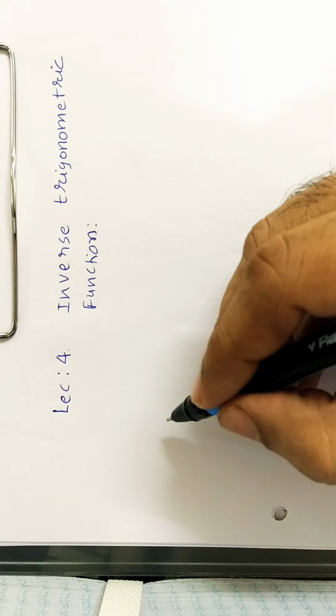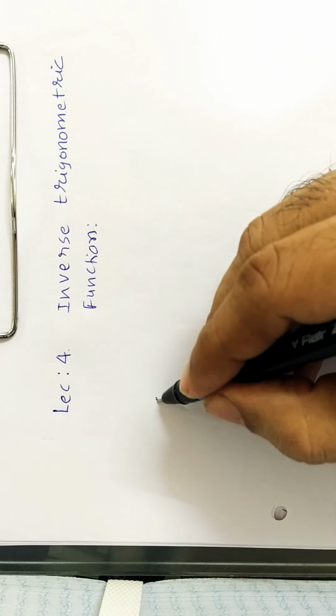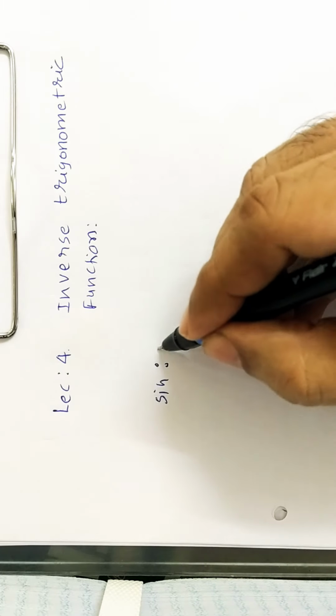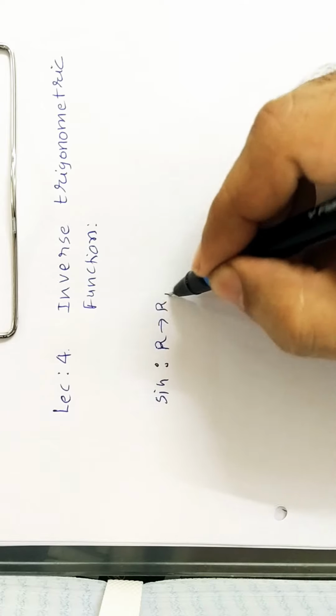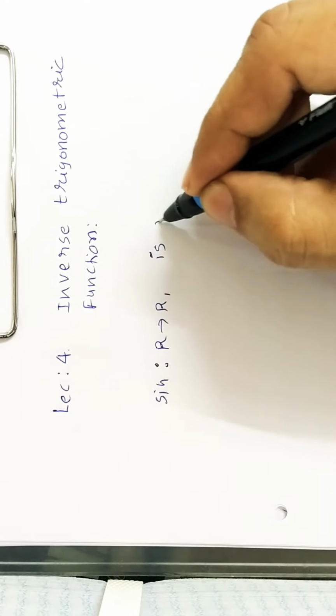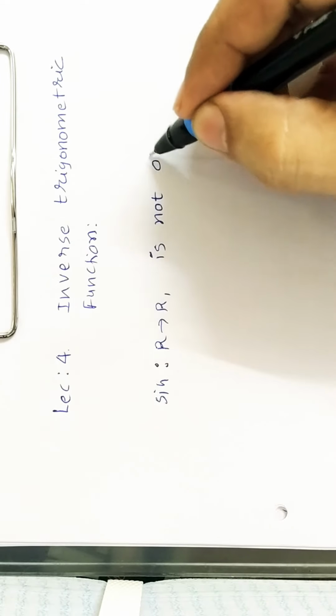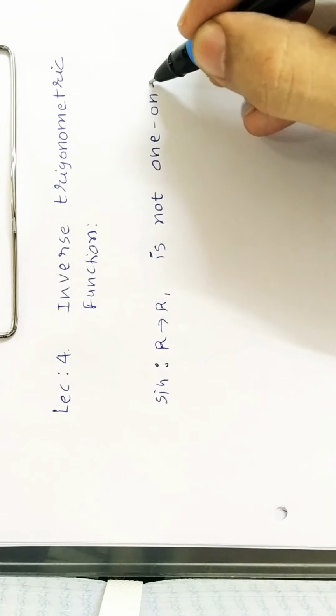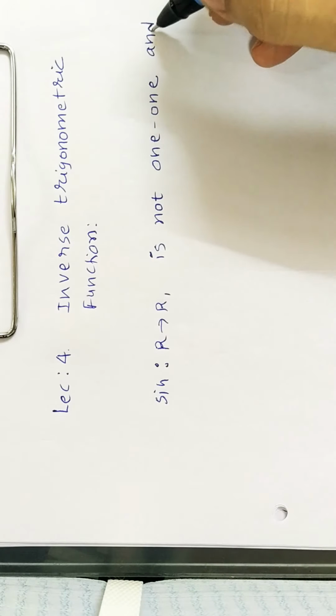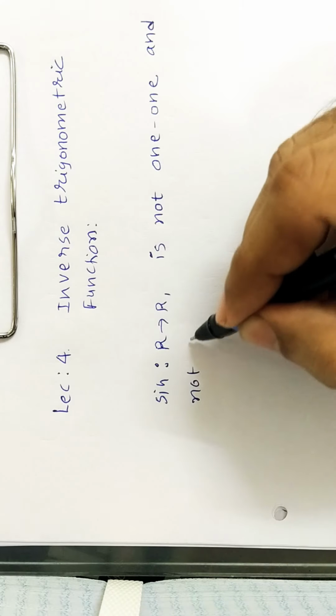We know that the sine function, sine from R to R, is not 1-1 and not onto.